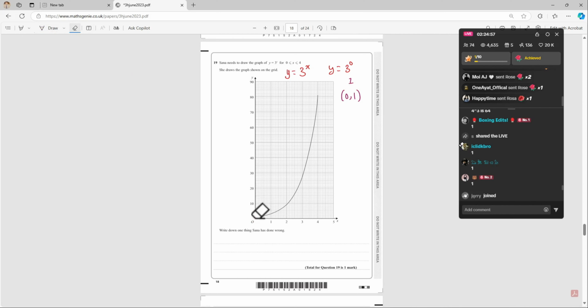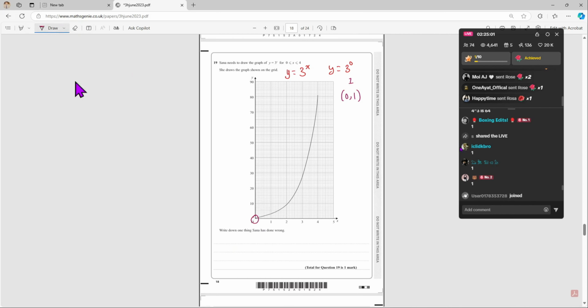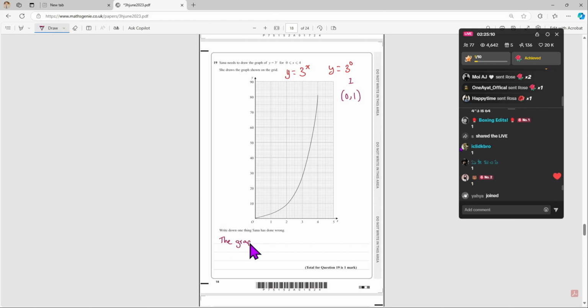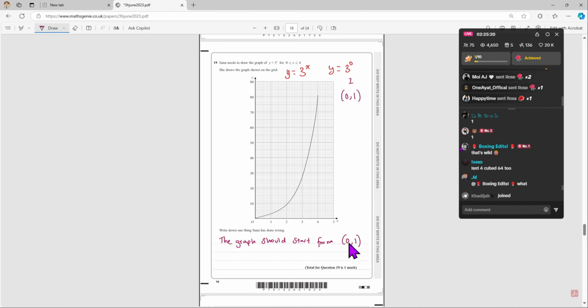But look over here, Sana starts from the origin point, the coordinates 0, 0. The thing she's done wrong is that the graph should start from 0, 1, not 0, 0.